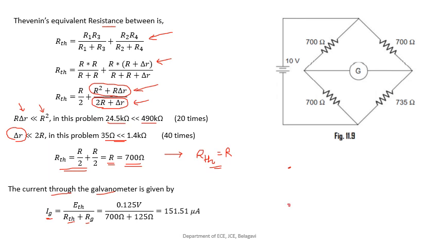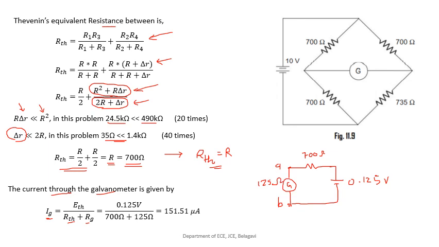Let us say you have points A and B. The resistance we have calculated is 700 ohms, then the Thevenin voltage is 0.125 volts, and then you connect the galvanometer, which has an internal resistance of 125 ohms.